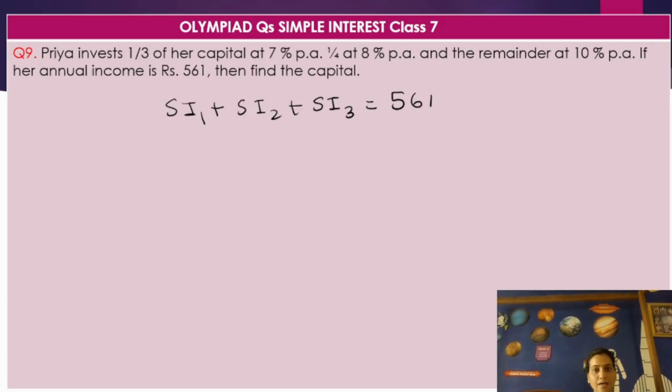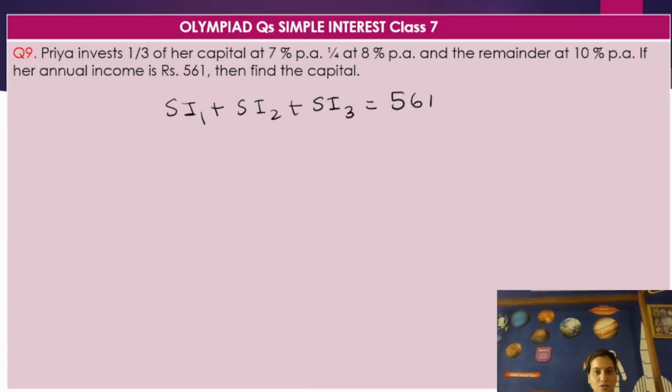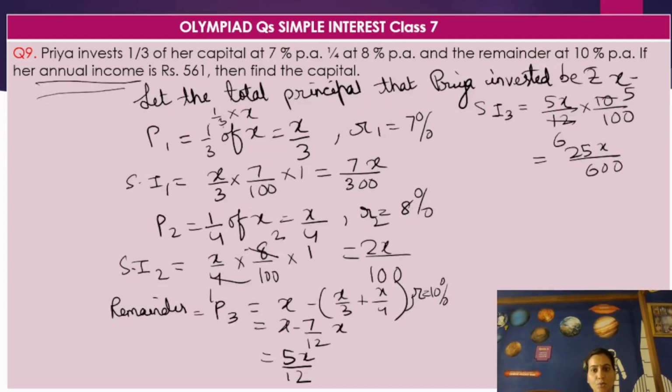SI1 is 7x by 300. SI2 is 2x by 100. And SI3, which we have just calculated, is 25x by 600.